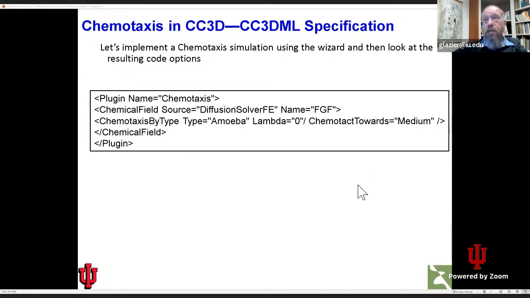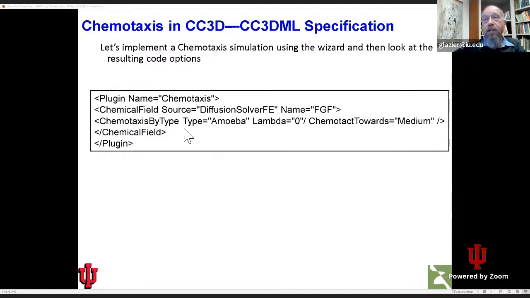If we want to implement this computationally in CompuCell, then we use the Chemotaxis plugin. We have to say plugin name Chemotaxis. We have to say what chemical field we're responding to, and what the solver that it comes from is. Here, DiffusionSolverFE, name of the chemical field.